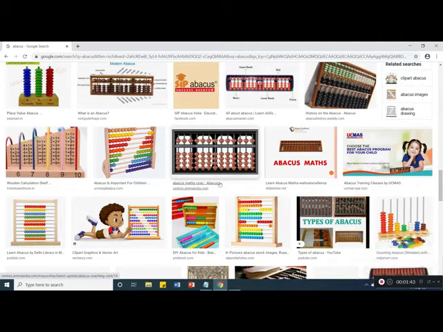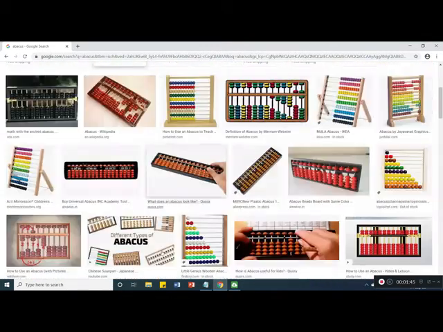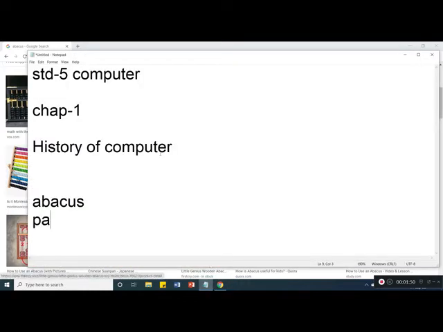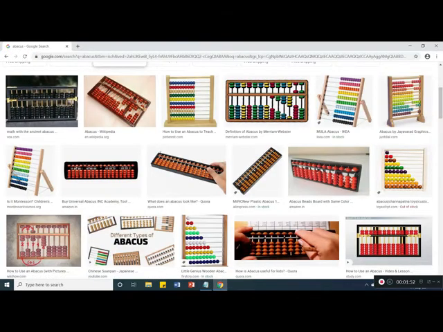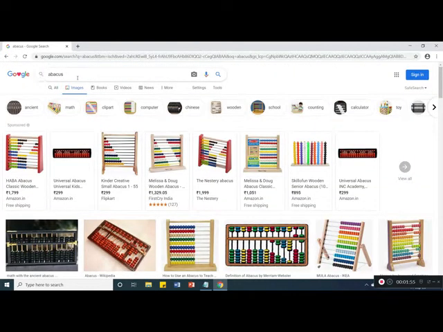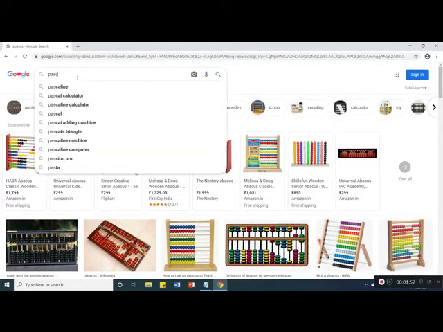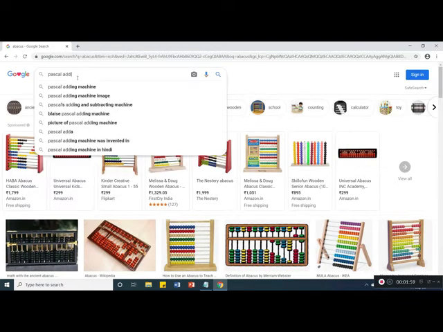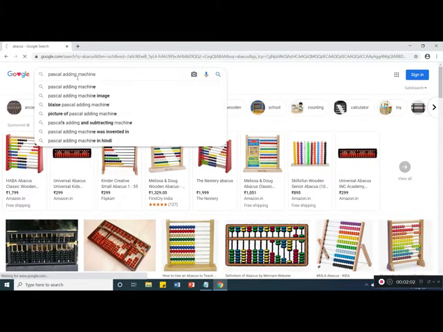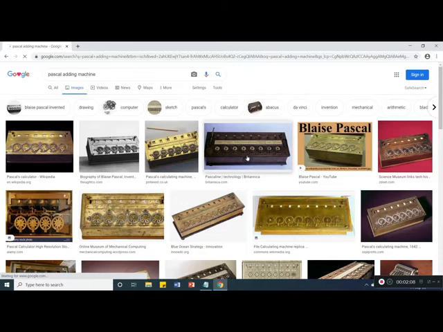Second is the Pascal adding machine. We'll see the Pascal adding machine. After the abacus, the second device is like this.